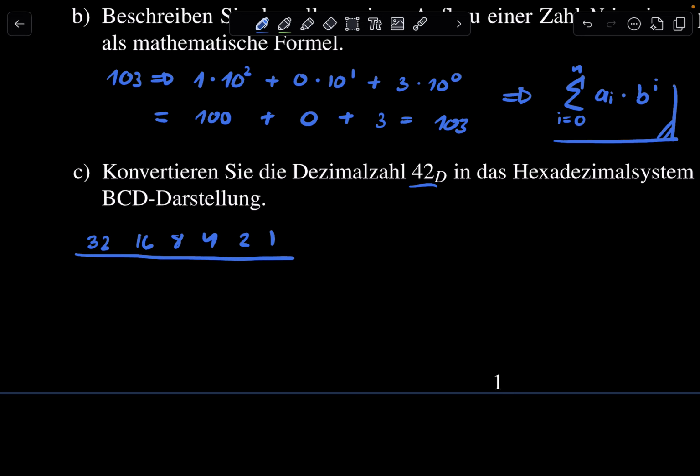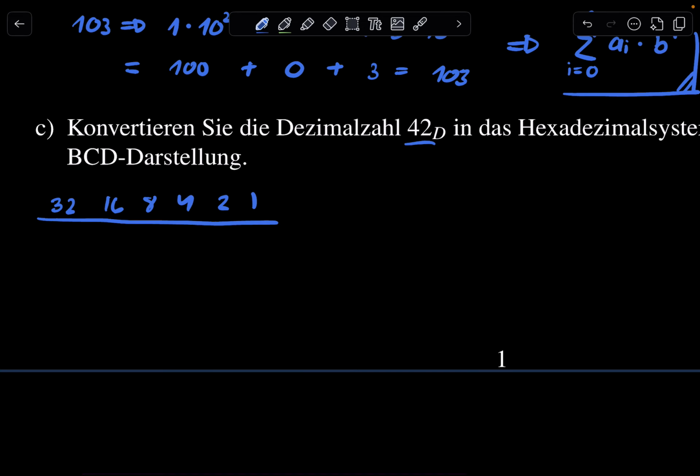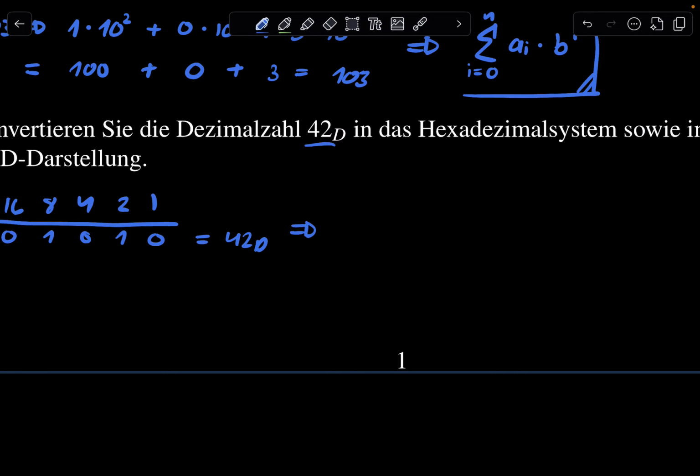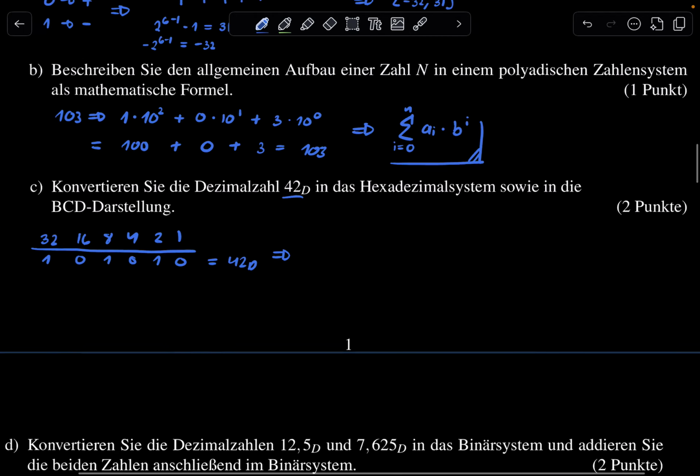And let's see, what would add up to 42? So let's add first 32, 8, and 2. This is gonna be 42 in decimal, meaning we can now convert to hexadecimal.